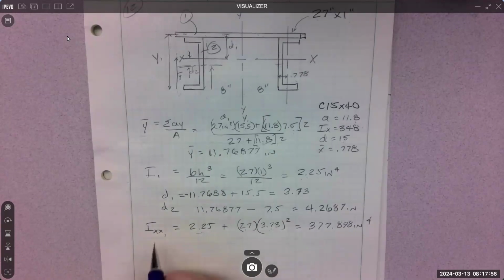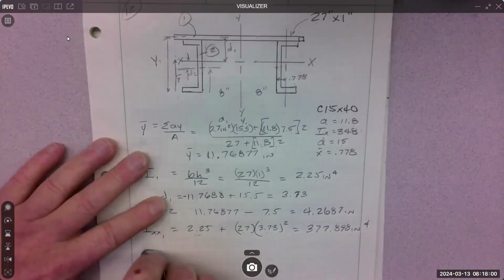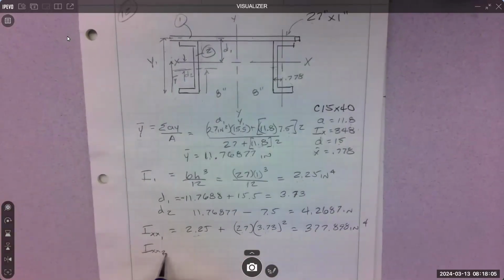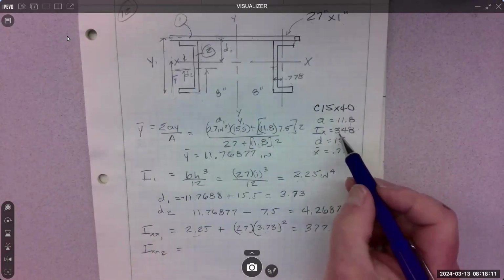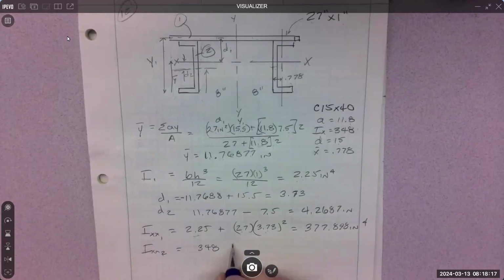All right, the second transfer would be again to the x-axis of shape 2. So we need the inertia of shape 2, which was 348, plus area.